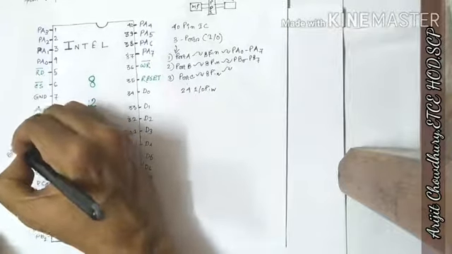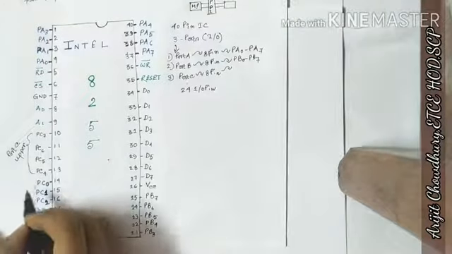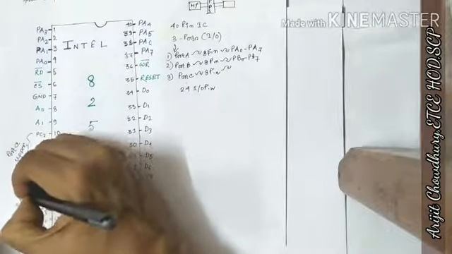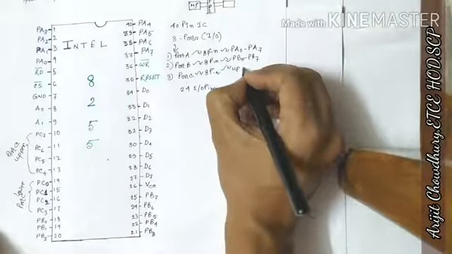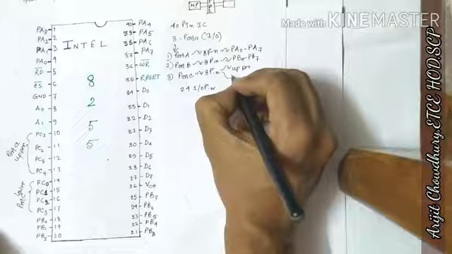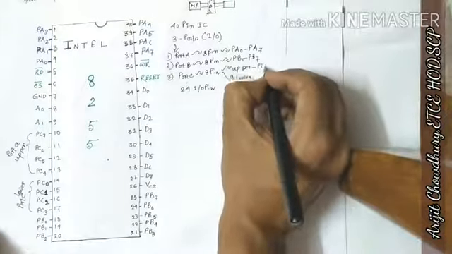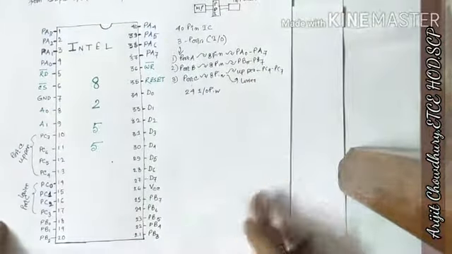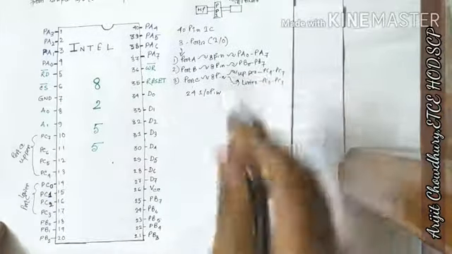Port C upper. These are the port C lower. Port C has upper and lower parts. Upper is PC4 to PC7, and lower is PC0 to PC3.